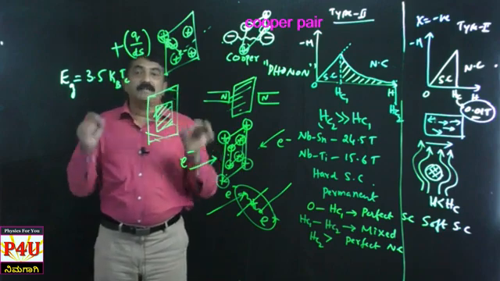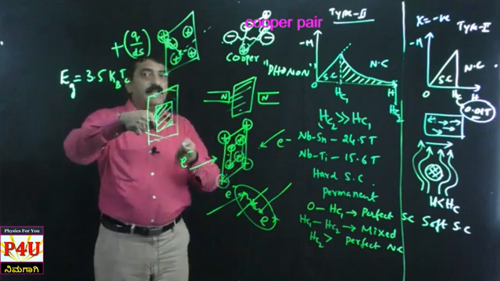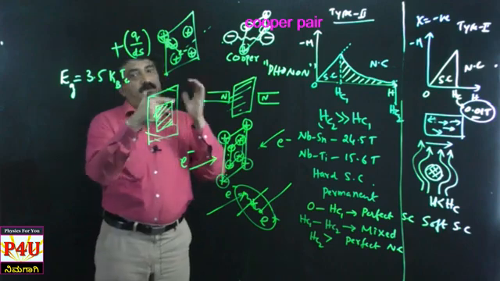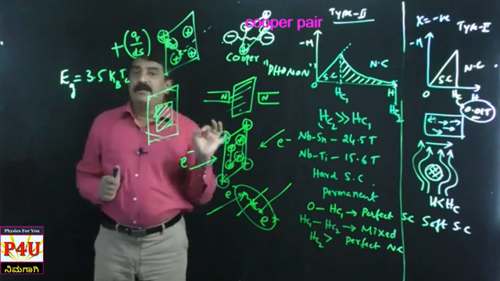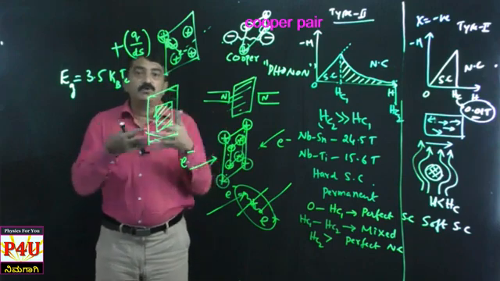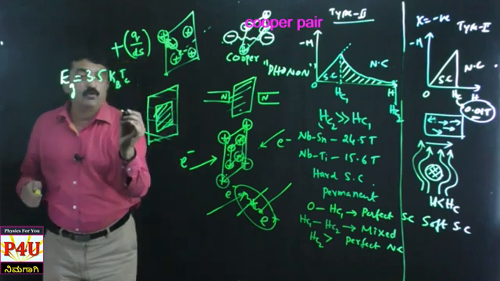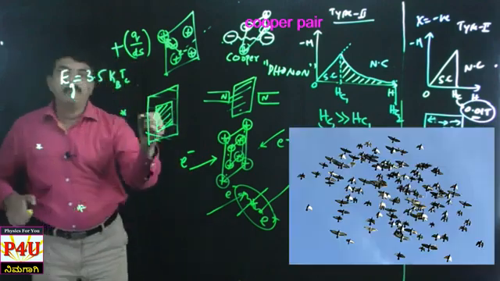If one Cooper pair is moving like this, all other Cooper pairs also will move in the same direction. This is called correlated motion. Between each and every Cooper pair there is a mutual understanding, whether in the front row or in the back row.